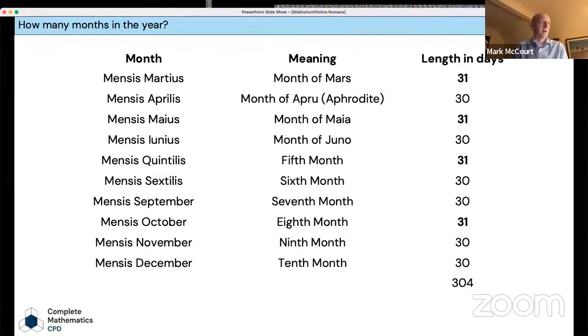And those months start on what is effectively the same month as March, and they go through to December, giving us a year of 304 days. So there's quite a big gap missing in the year. Young pupils will know the year is not 304 days. So what on earth happens next? If we have just 10 months, what happens after that?